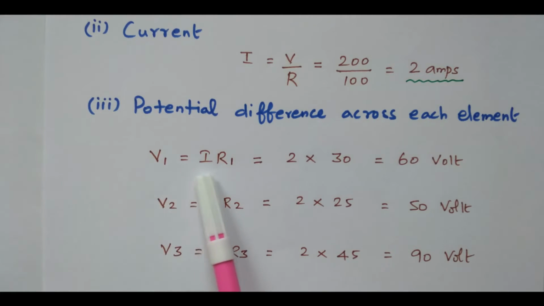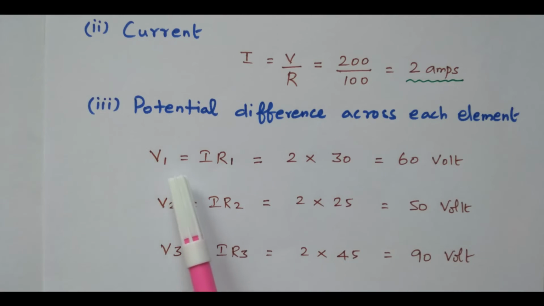So V1 equal to I into R1, I is 2 ampere, into R1 value 30, 2 into 30, 60 volts. V2 equal to I into R2, 2 ampere into 25, that is 50 volts. V3 equal to I into R3, 2 ampere into 45, 90 volts.